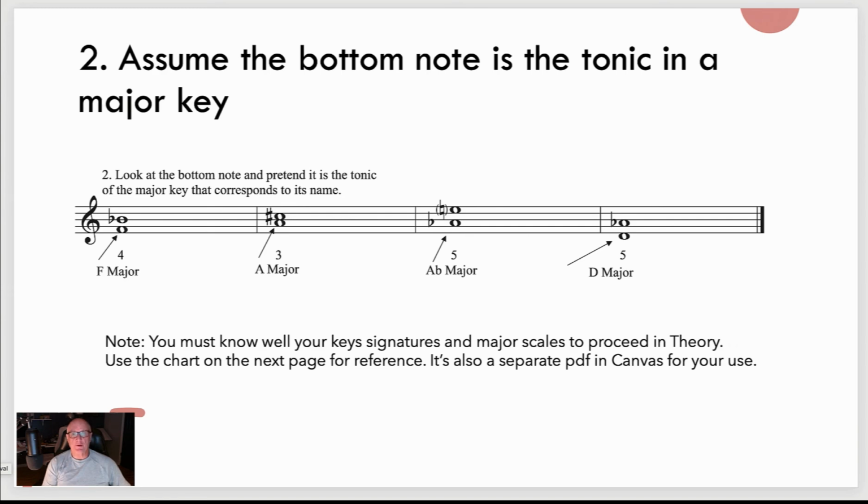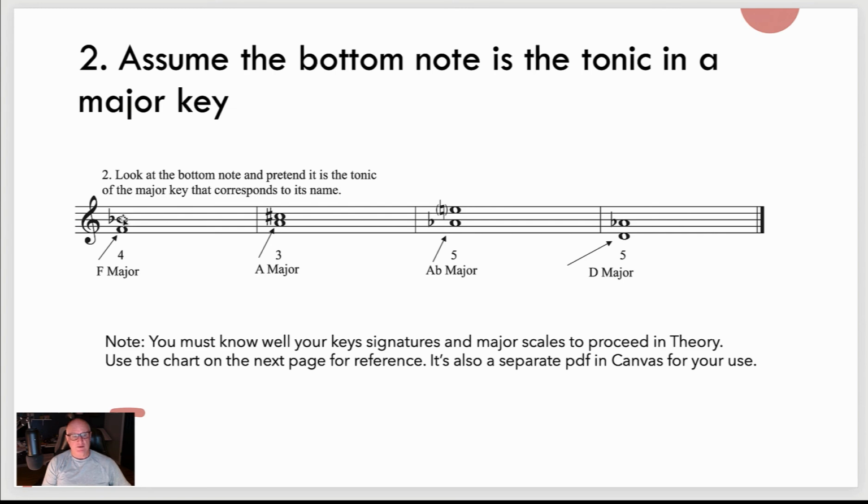Step 2, assume the bottom note is the tonic in a major key. So what we're going to do is pretend that this F right here, this F and this B flat, that F is going to be the tonic in a major key. So let me count up. 1, 2, 3, 4. Now this is where you have to know your key signatures.